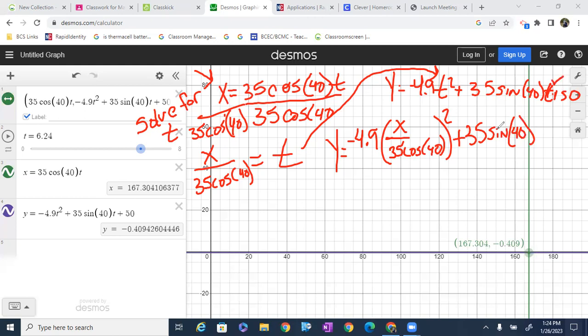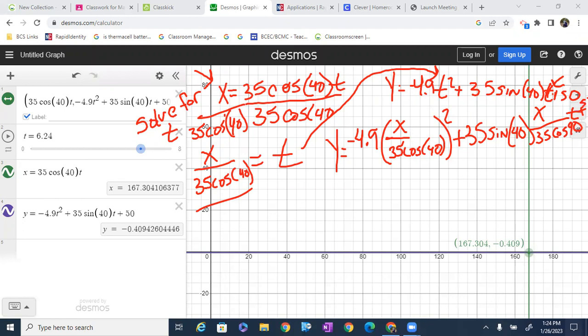But now where t is, I'm going to put this x over 35 cosine of 40, plus 50 on the end, okay?